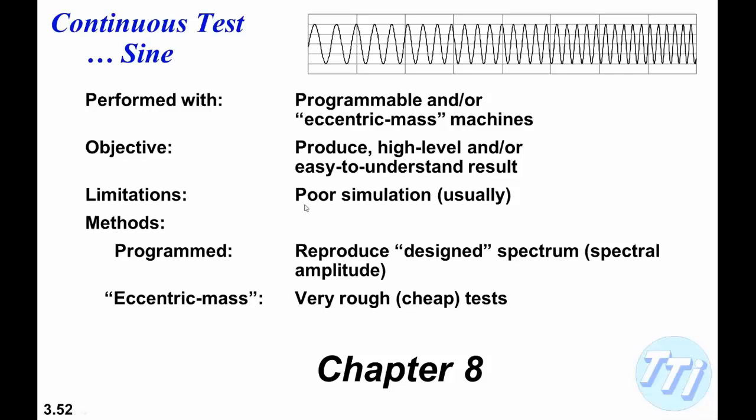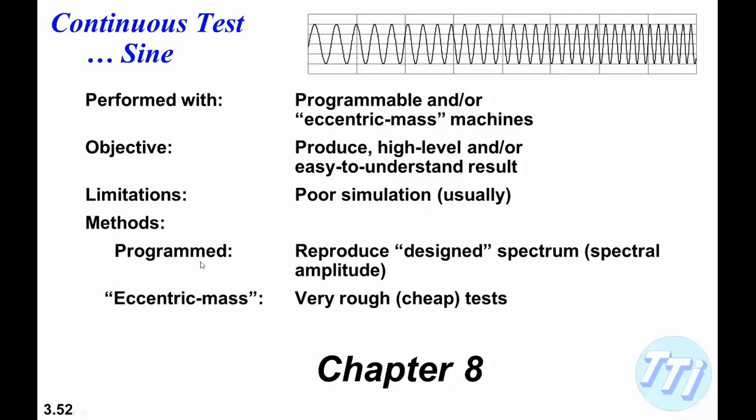The big problem with it, of course, is that there are not very many things in nature that are sinusoidal. An exception to that, for instance, is an out-of-balance wheel on your tire or something like that on your car. And so a sine test might be a good simulation of that.